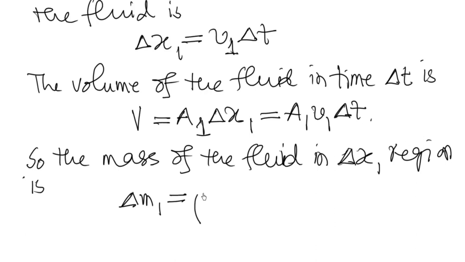So rho is the density. Let us say rho 1 at the entry point, but actually we shall later take the density of the fluid to be constant. So at the exit point, if the density is rho 2, we will assume that rho 1 equals rho 2. For the moment, let us take the density of the fluid at the entry point as rho 1 and the volume V, so rho 1 A1 v1 delta t.